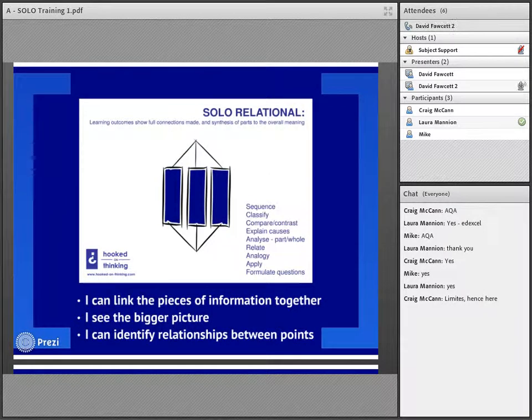When students have got a real grasp of that, we move on to what we call the developmental side of it. This is where they've got the information and the background knowledge, and they can use that content knowledge in a more in-depth way. The relational phase is where they start seeing how things link together. For instance, when we're looking at physique and somatotypes, you may have taught them about ectomorph, endomorph and mesomorph.